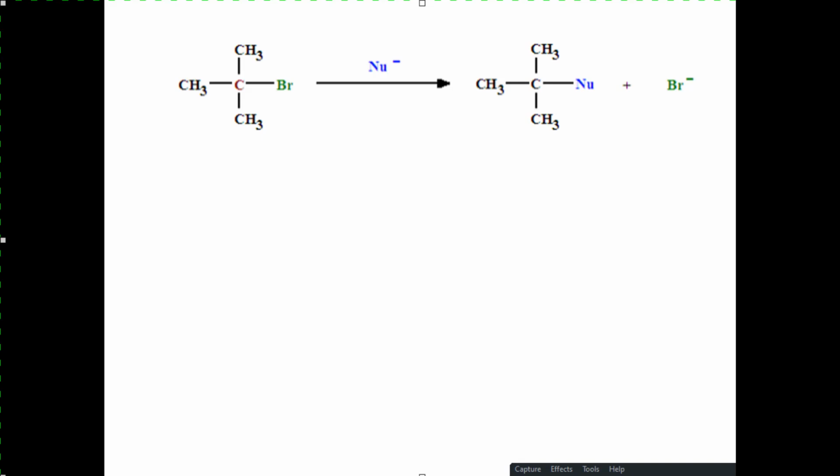Now, how do we actually know that? Well, let's say we designed a kinetics experiment to look at this reaction. I'm going to react my nucleophile with the tertiary halide, so I'm going to move it off the arrow and move it over here.